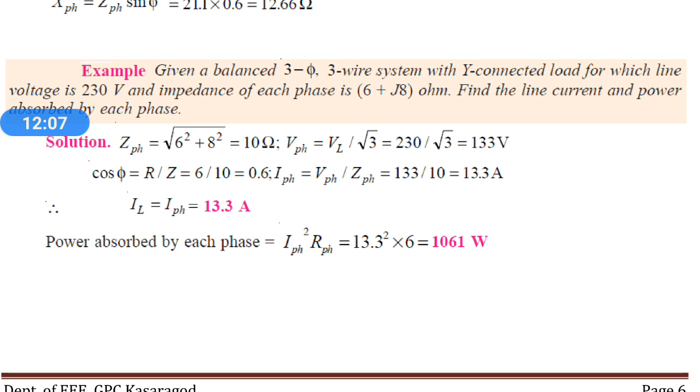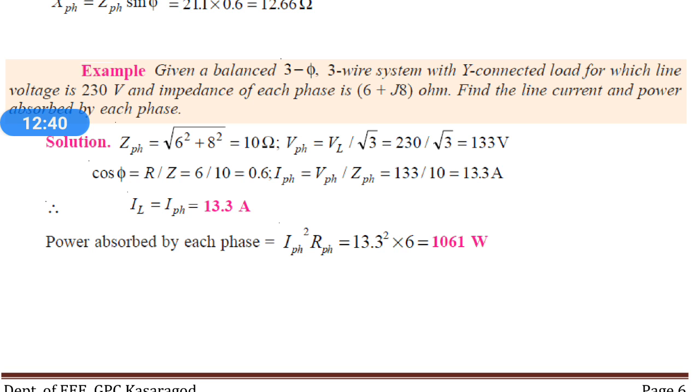So our first answer, line current. Line current equal to phase current in a star connection. So IL equal to I phase, that is 13.3 ampere. That is the first answer. Next is power absorbed by each phase, equal to I square R. Not the complete 3-phase power, only per phase power is asked.